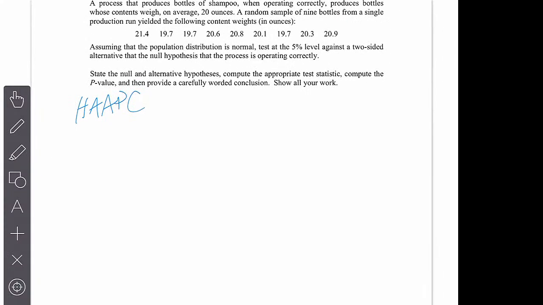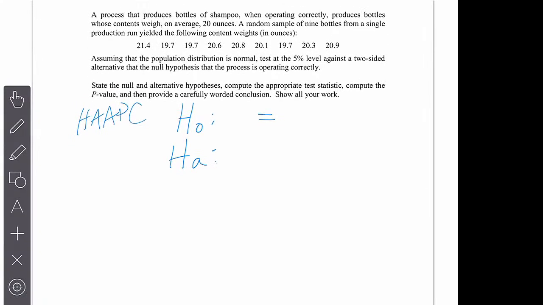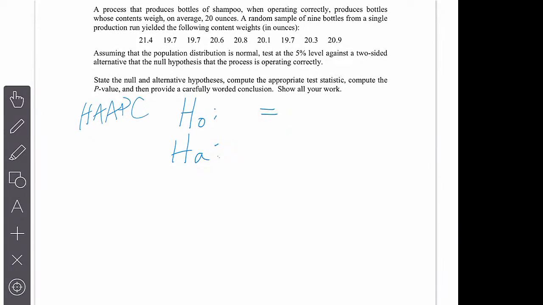So for all these problems on inference, the hypothesis is always set up like this. You put a parameter here, and you should read every problem to identify what parameter is of interest. Now, we focused in this course on means and proportions, so the parameter of interest for this problem is the mean, right? Because we have weights. So we're going to use the mean.